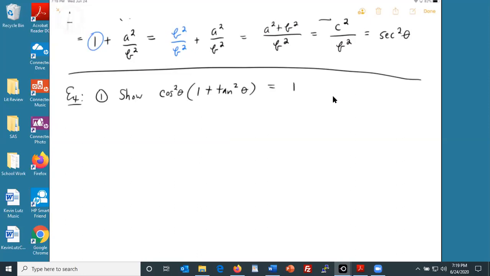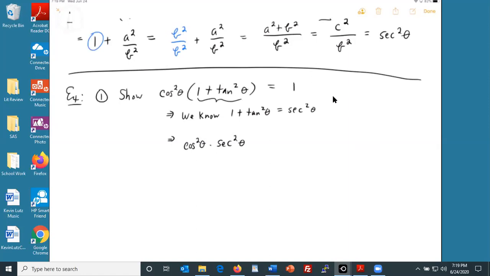Well, what we could do first is, we know inside the parentheses is one of those identities, right? 1 plus tangent squared of theta is secant squared. So in the very first step we bring that down, and we get cosine squared of theta times secant squared of theta.